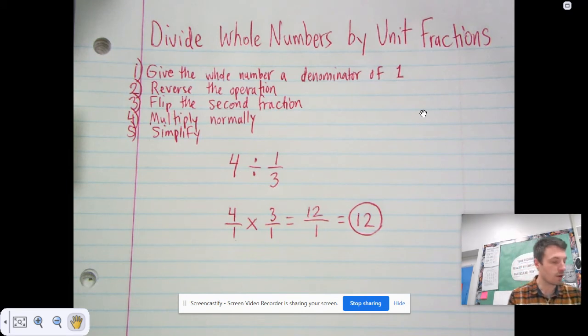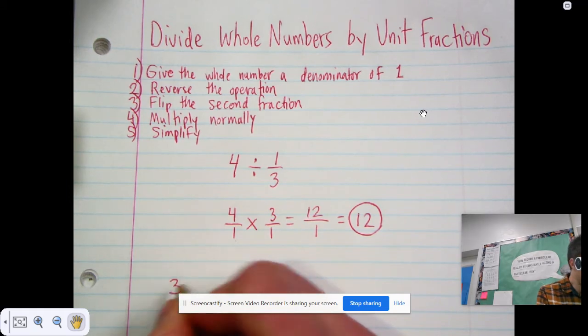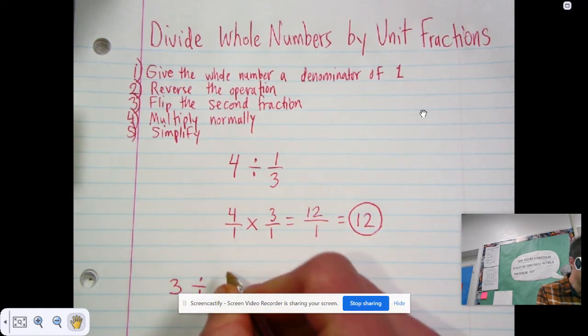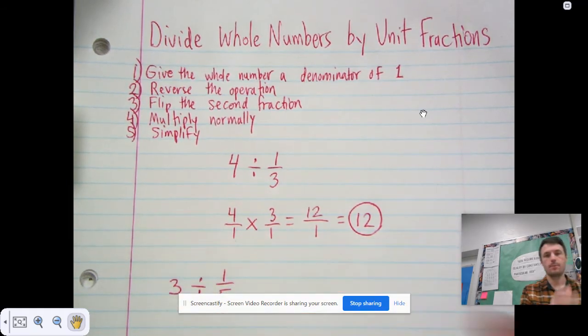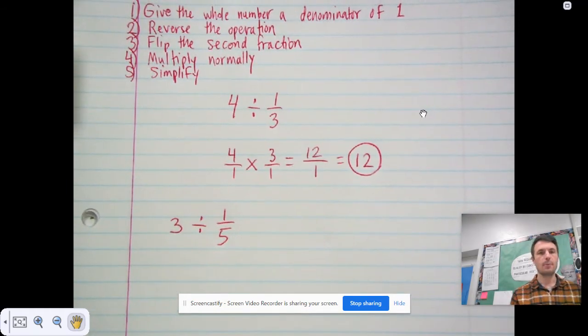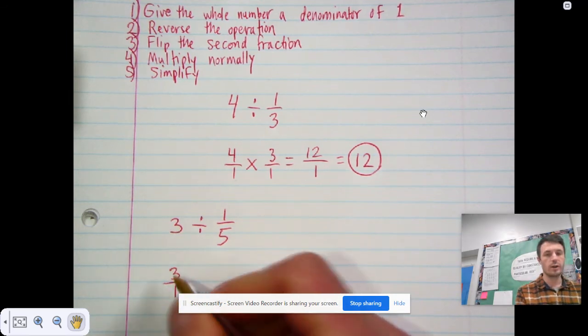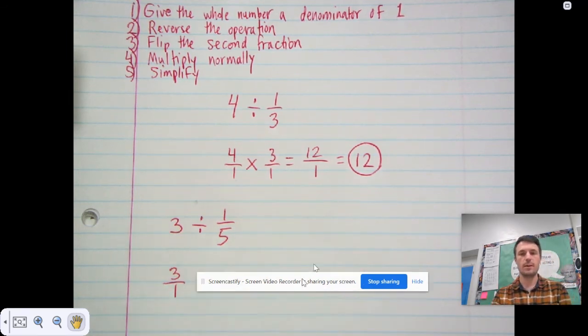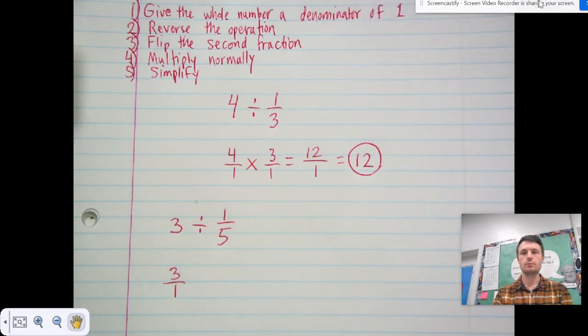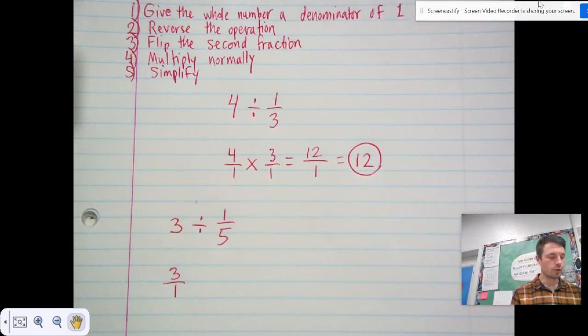Okay, let's do another example. Let's say we have 3 divided by 1/5. Step 1, give the whole number a denominator of 1. So we change 3 into 3 over 1. Step 2, reverse the operation.